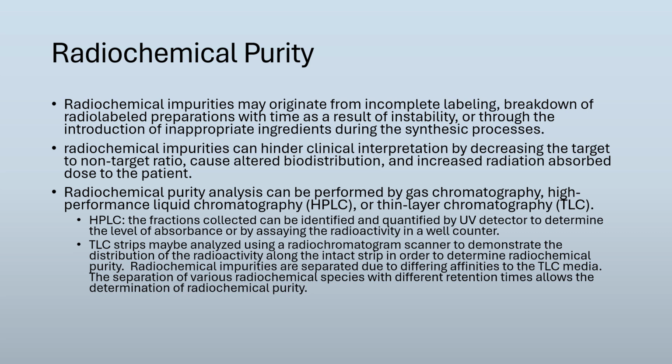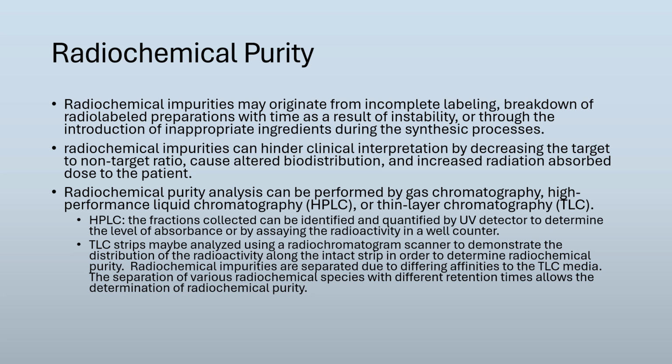The radiochemical purity analysis can be performed by gas chromatography, high performance liquid chromatography, or thin layer chromatography. It depends on which radionuclide was produced. With high performance liquid chromatography, the fractions that are collected can be identified and quantified using a UV detector to determine how much purity there is, and that's assayed by a well counter.